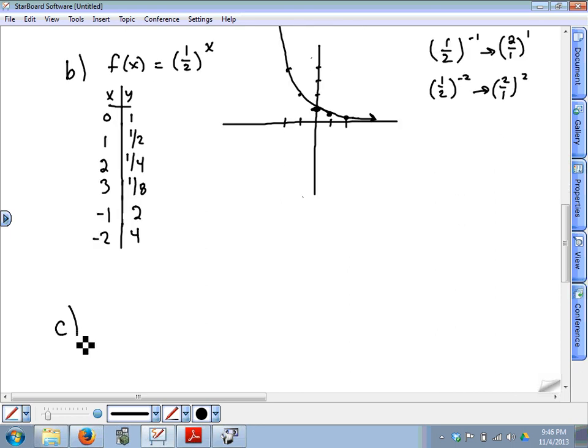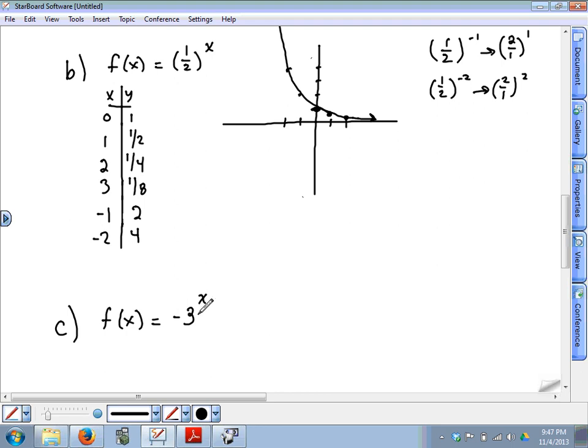Now one more I want to take a look at. f of x equals -3 to the x. Now, it is exponential because the variable is an exponent, but we've got to be careful what we consider the base.